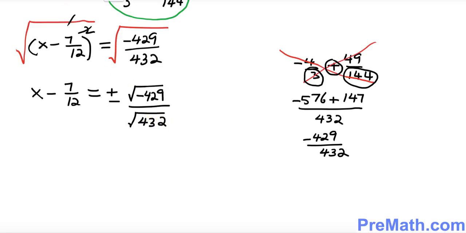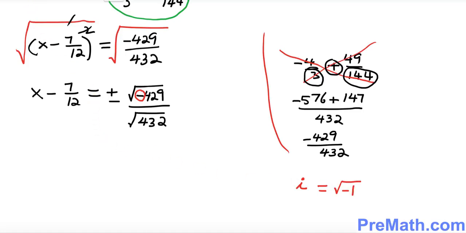432. So keep in your mind one more thing. I just want to tell you that we have a negative sign inside this square root. So whenever you have a negative sign, we always convert into an imaginary number. So i is an imaginary number that is equivalent to what? You know that thing, square root of negative 1.